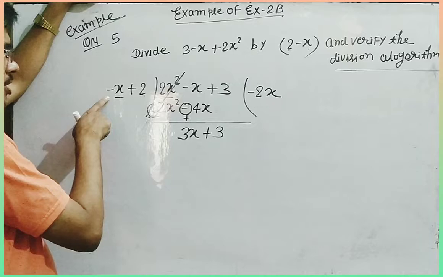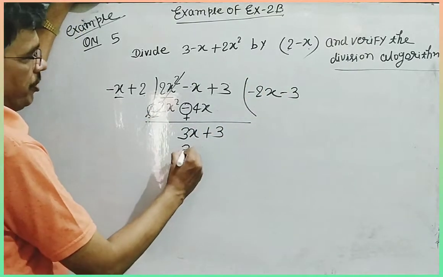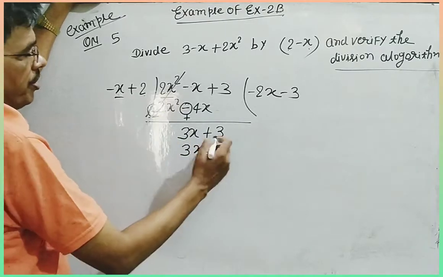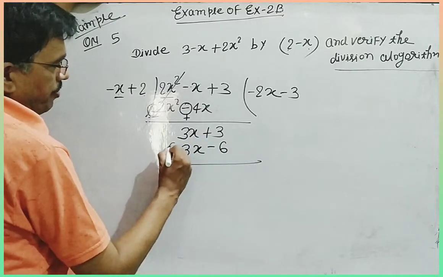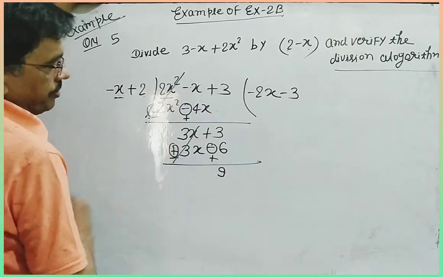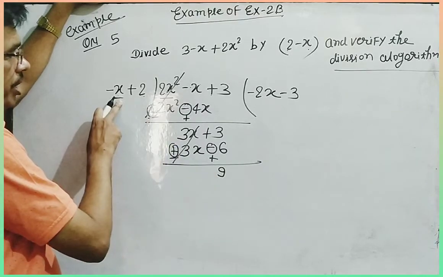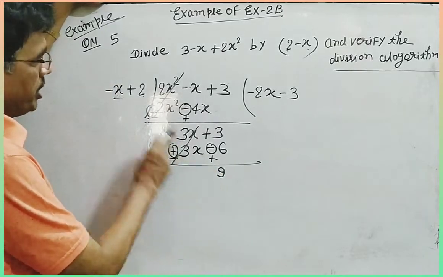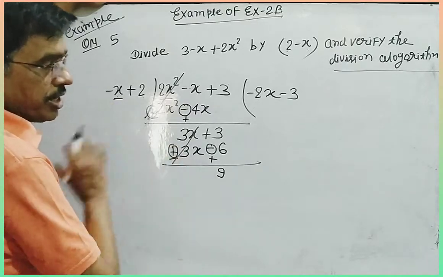Now 3x, here is minus x, so multiply by minus 3, then you get 3x and minus 6. Change the signs and cancel. It is 9. Now the degree of this remainder is 0 and the degree of divisor is 1, so we cannot divide it. If the degree of remainder is less than the degree of divisor, then you cannot divide it. That means it is the remainder.